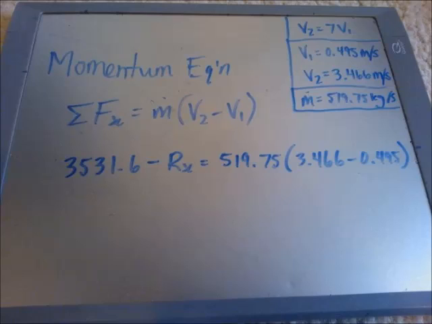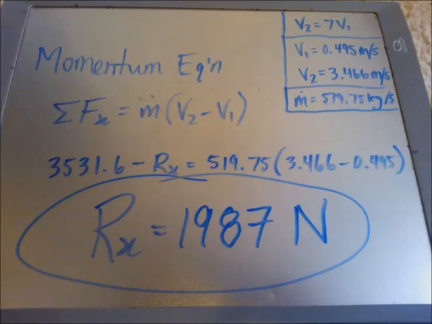Multiplying all those values through and solving for Rx, we can find out that the reaction force that the obstruction is placing upon the fluid, and therefore by Newton's third law, the horizontal force that the fluid acts upon the obstruction, is 1,987 newtons.